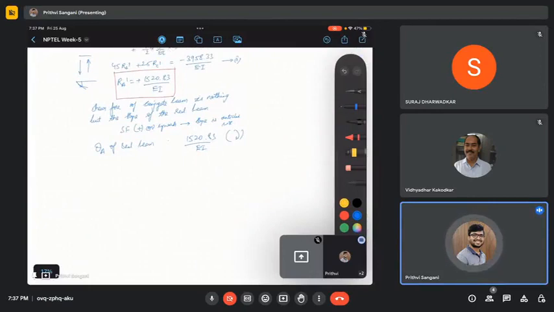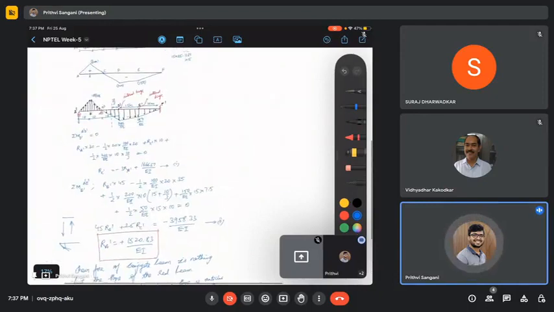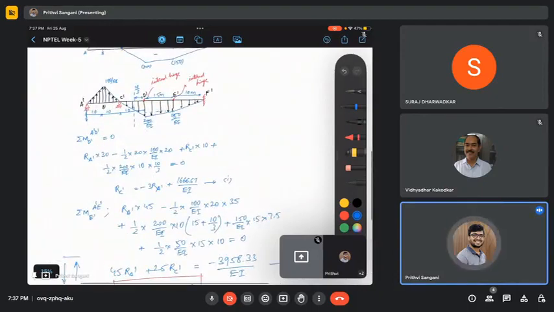What does the deflection mean? For the deflection, what we need to do? We need to find out the moment at C, right? So moment at C. So we already know RA. It is direct. So RA I already know.